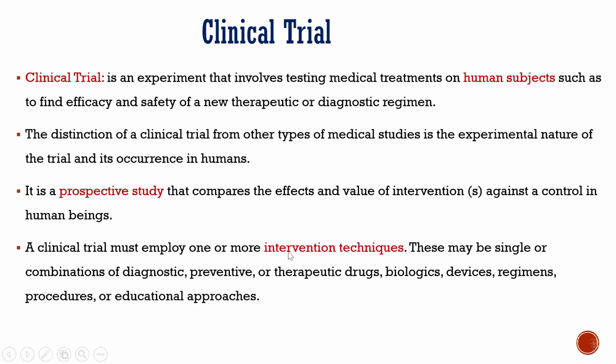Yes, there must be an intervention for it to be called a clinical trial. So this may be a single or combination of diagnostic, preventive or therapeutic drugs, biologics, devices, regimens, or educational approaches. So there are different intervention techniques that can be involved in clinical trial. Okay, so that's what clinical trial is.